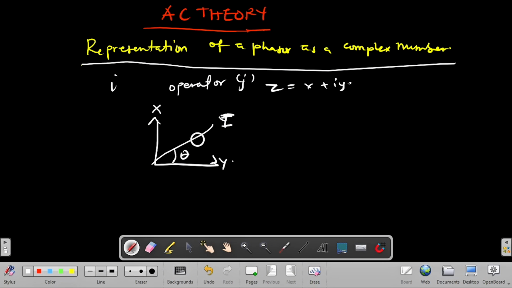This can be modeled as a complex number in an Argand diagram. Remember, in an Argand diagram, we have the real part, which is X, and the imaginary part, Y. The complex number is any point within the space, and the modulus is just the magnitude. Then the argument is the angle this complex number makes with the positive real axis.